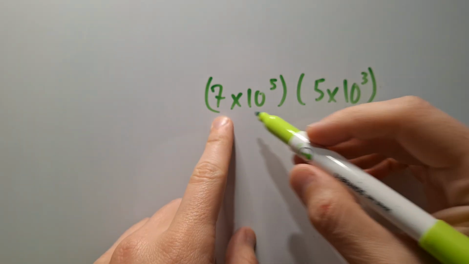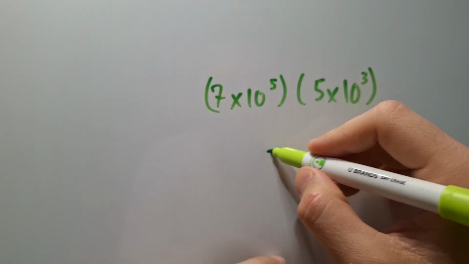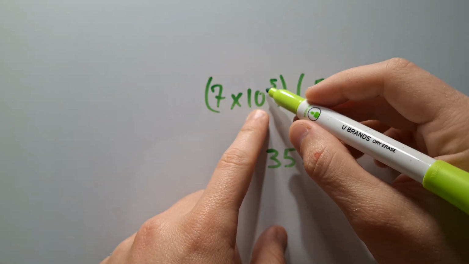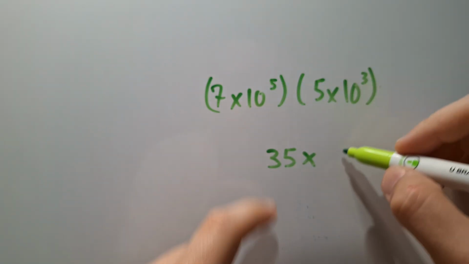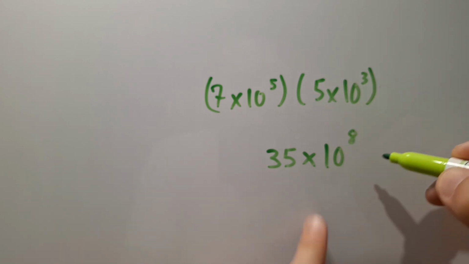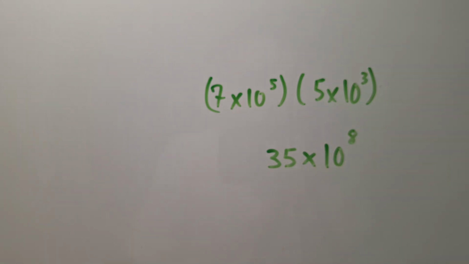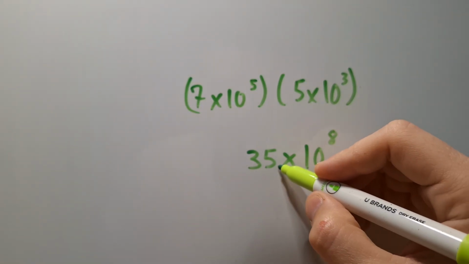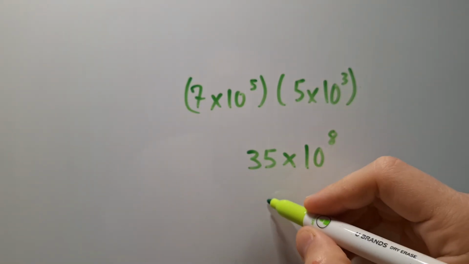Okay, 7 times 5, and then 10 to the power of 5 and 10 to the power of 3, adding those together gives me the power of 8. So once again, this number is not in between 1 and 10, but we can make it in between 1 and 10 by moving our decimal point one spot over.